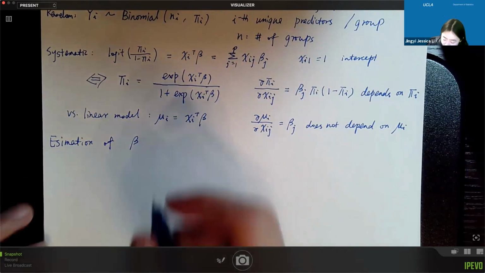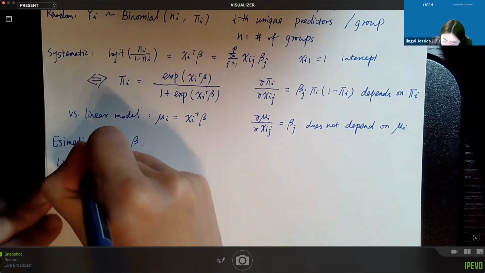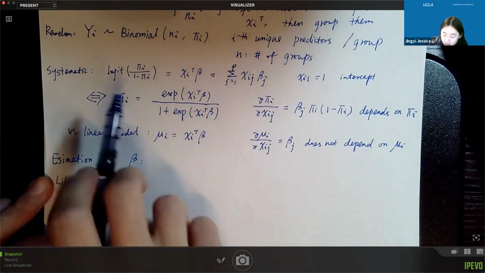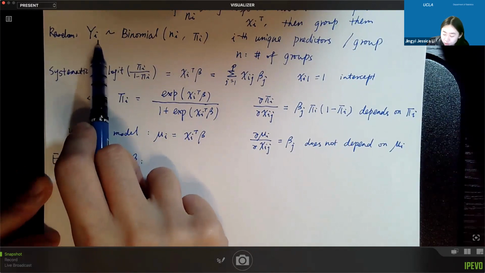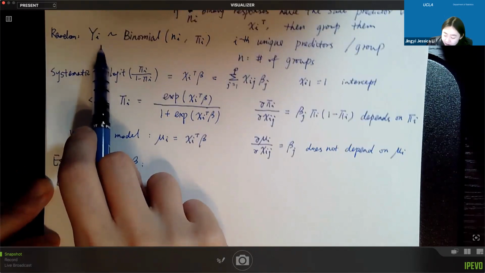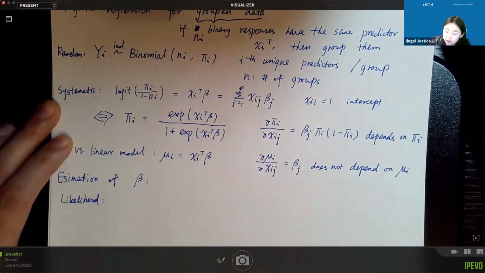So let's first write down the likelihood. And similar to what we have for the linear model, here the likelihood is only based on the distribution of the random variables y1 to yn. And they are assumed to be independent across i.